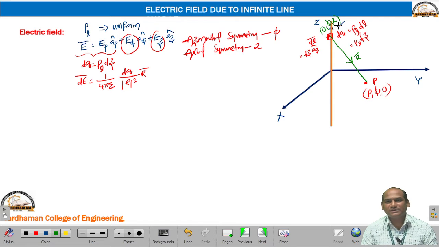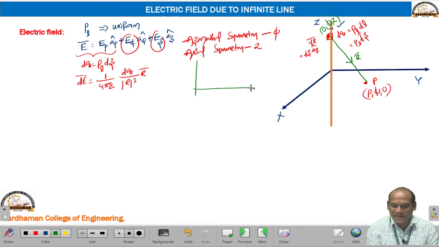What about phi? We will discuss phi later. And whatever dq we have considered, the dq is available above the xy plane, so a certain amount of z value is there, and that z value we have taken. Now we will consider the phi value. For example, we are discussing two-dimensional polar coordinates, with the x axis and y axis taken.